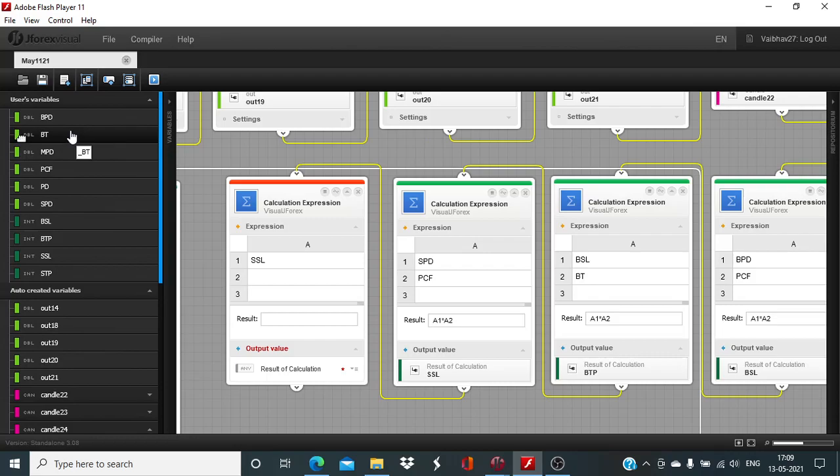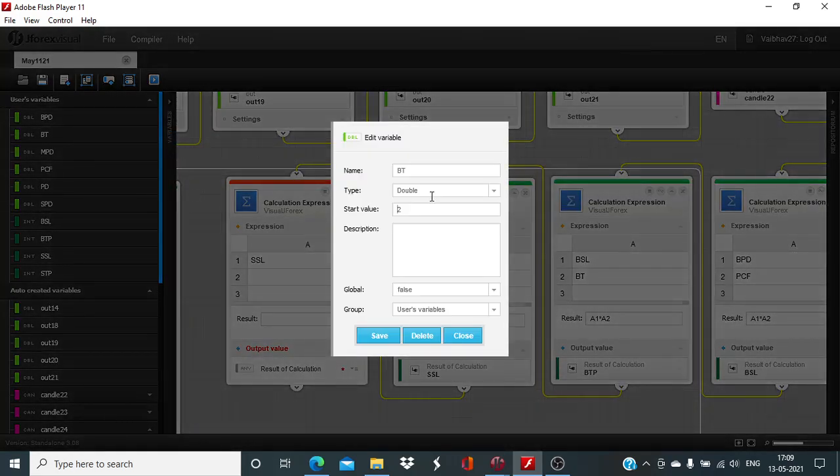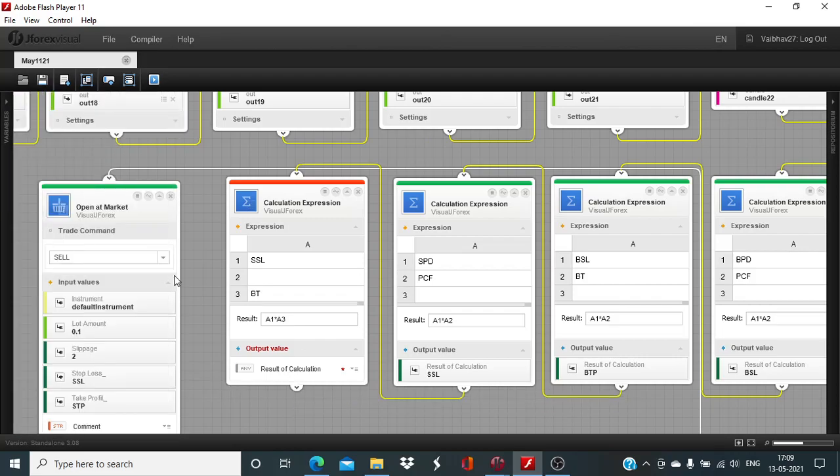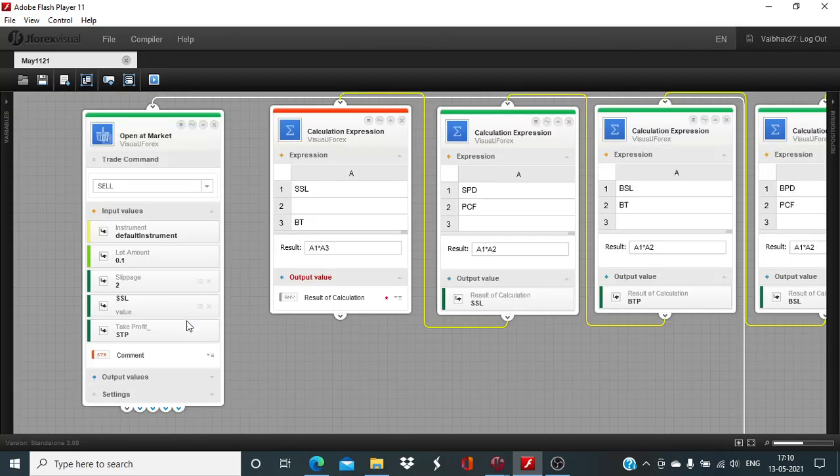BT, it has the value of 2, so we will use this variable. It is going to be A1 into A3, and this will be the output value. Okay.